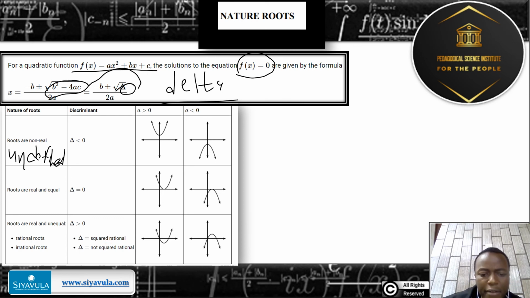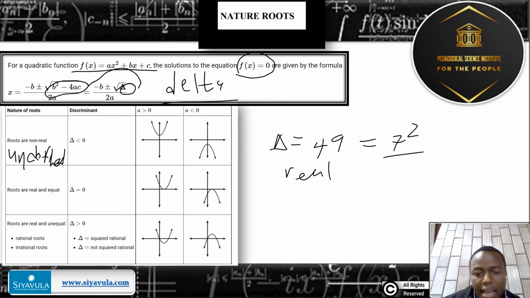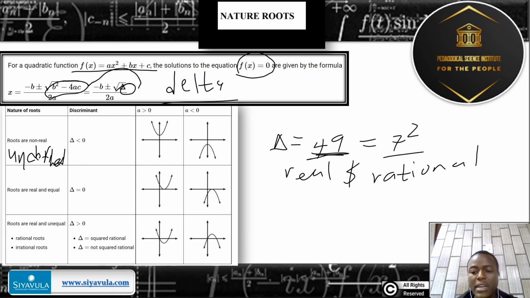For example, if I calculate my delta and I get 49, you know that 49 is a squared rational number because you can write it as 7 squared. So we would say these roots are real and rational. Why? Because the delta is a squared rational number.